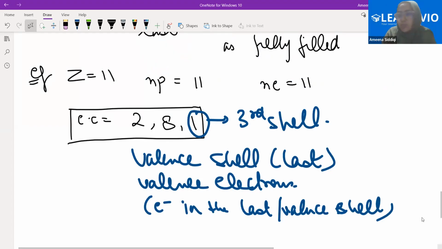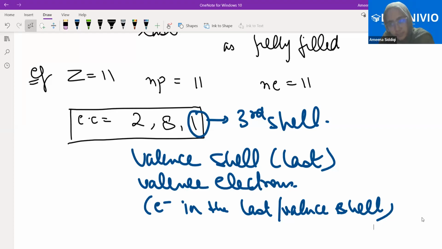So, what do I do here? To have the last shell as fully filled, I have two options. Please be careful. Either I gain some electrons, in this case 7 electrons, and I make the valence electrons in the third shell 8. Then I will have that shell as fully filled. Agree? I repeat: if I have 7 more electrons in the third shell, the total of electrons in the third shell will be 8.